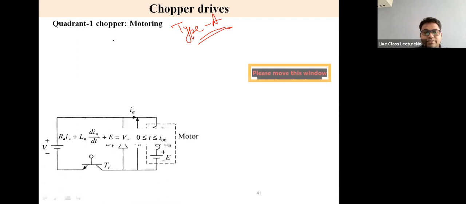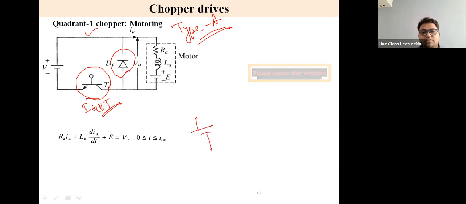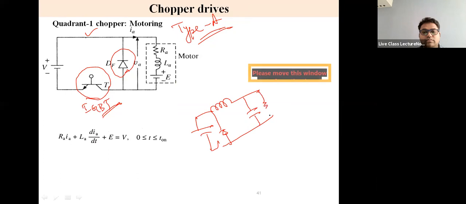So in that case, this would be the circuit diagram. This transistor is in the lower domain, not here, right? This is a type of IGBT or maybe a MOSFET, depending upon the frequency of operation. And this is the freewheeling diode that we all know. So this is the motor. Earlier, our circuit used to be something like this for a buck converter, right?